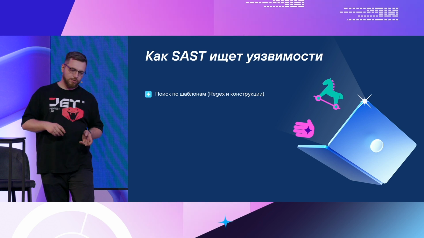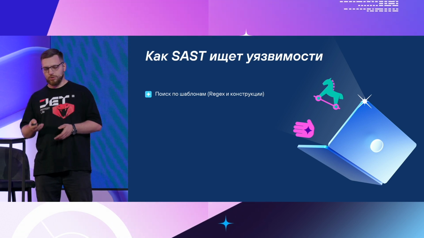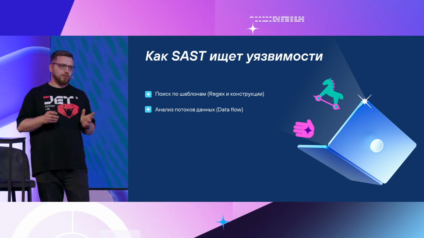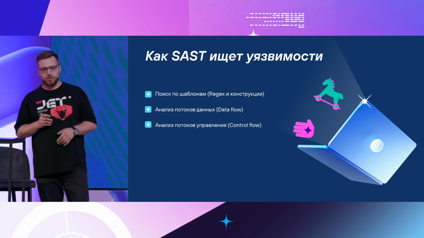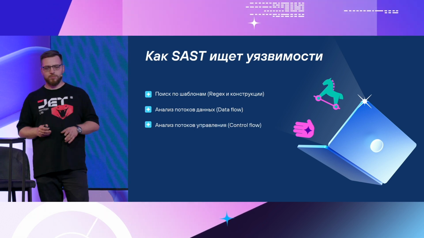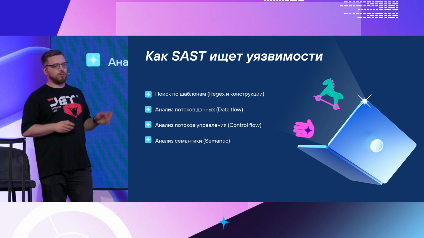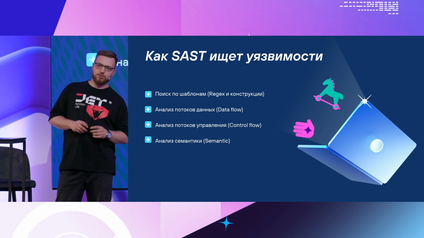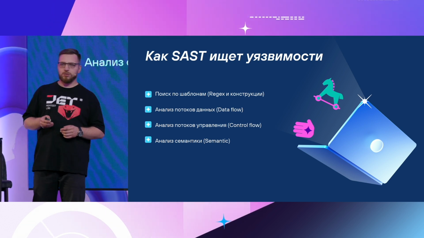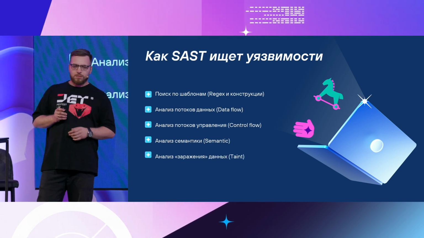There is no deep logic, there is no cause and effect analysis, just search by template. We analyze data, source code, methods and functions. Of course, there is semantic analysis. In real life, we never saw it, but it's one of the possible ways of analysis. It's the most complex analysis.